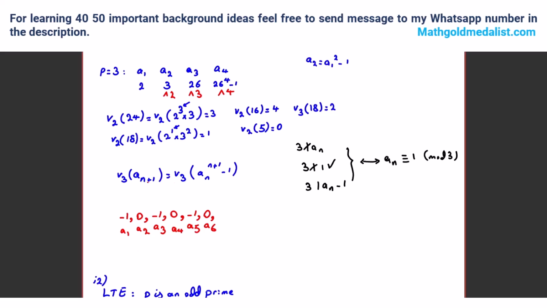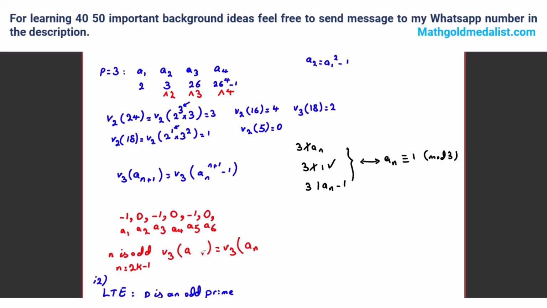So if we consider n odd, suppose n is odd, okay? So V3 of a_n plus 1, let's see what it is. It is V3 of a_n to the n plus 1. Because n is odd, you can say n is, for example, 2k minus 1.